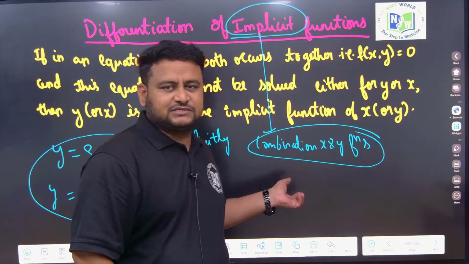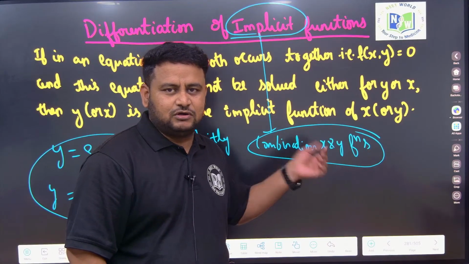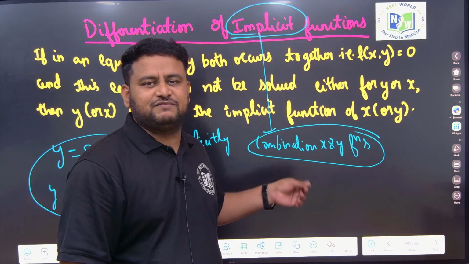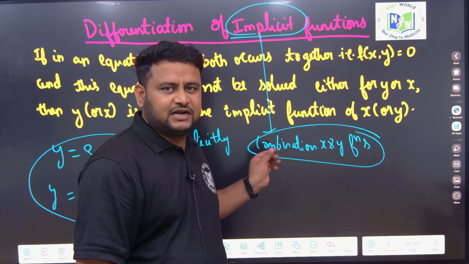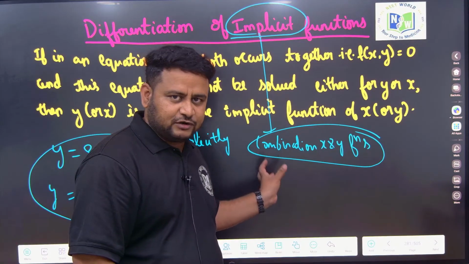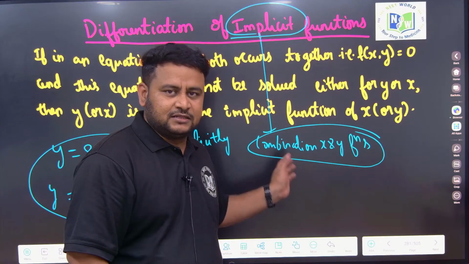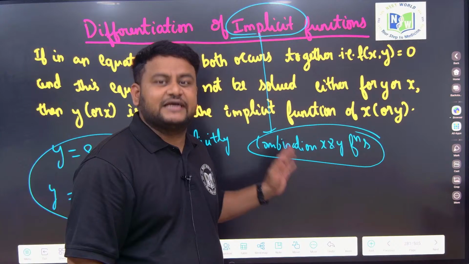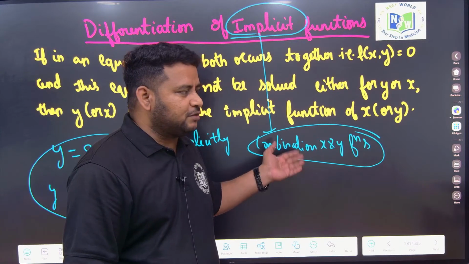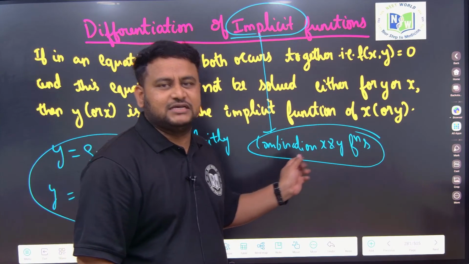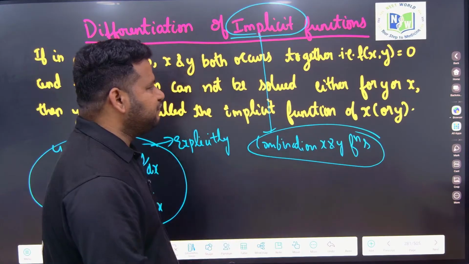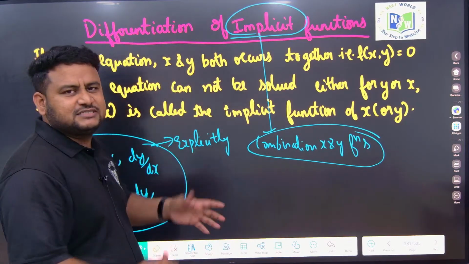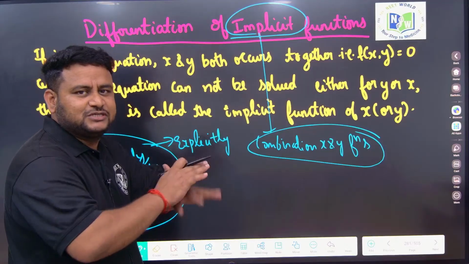They will give you xy plus sin y is equal to 0, and directly you have to differentiate with respect to x. You cannot bring it to a form where you can explicitly write y is equal to something. It will be an implicit form. So directly you have to differentiate. Implicit means you can say khichdi, that is, x and y will be a mixture of each other.